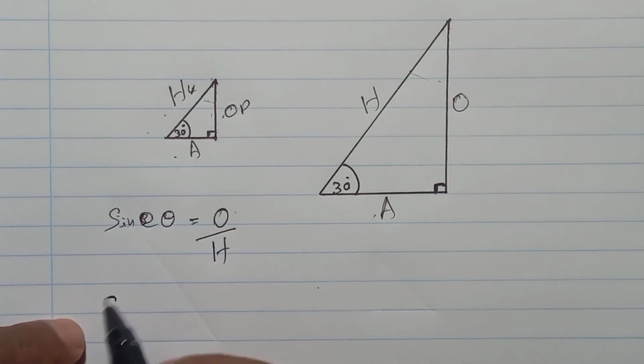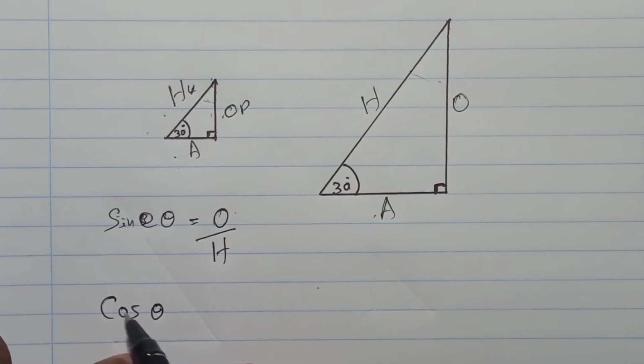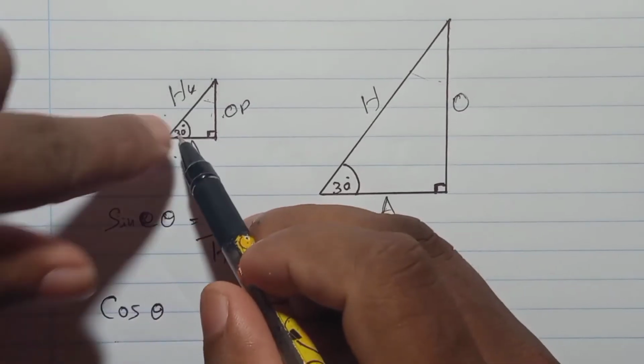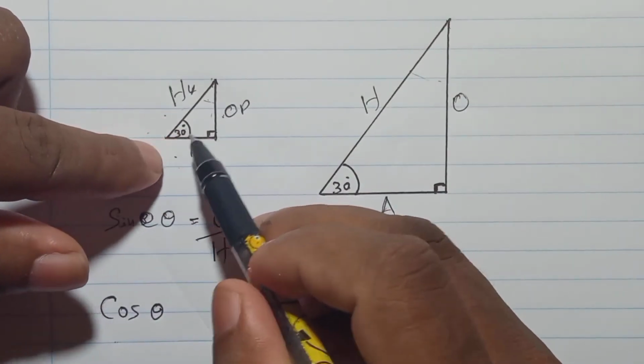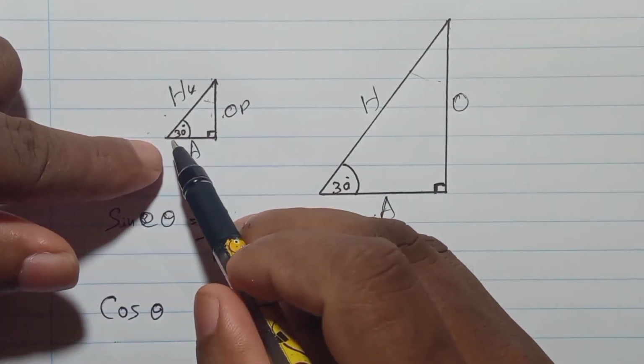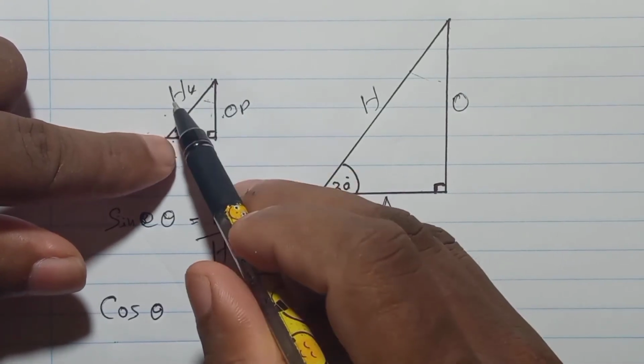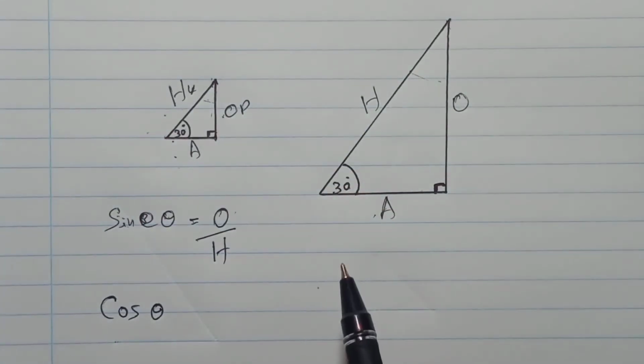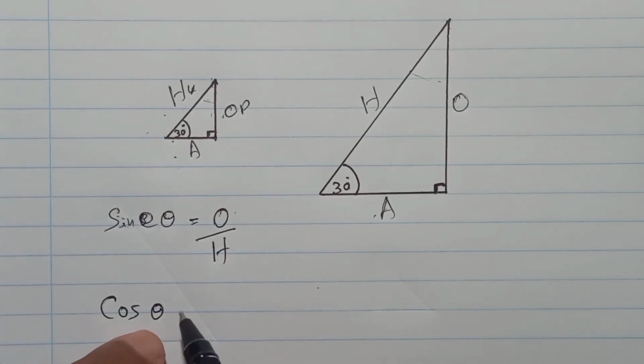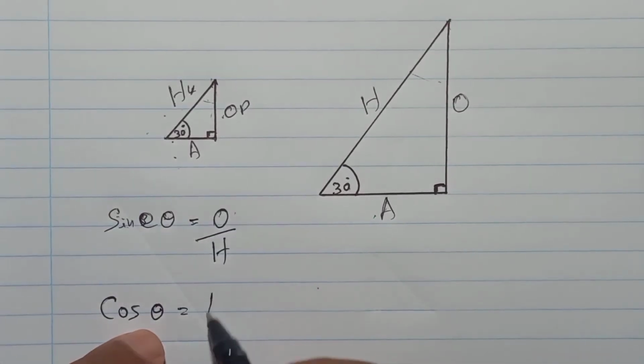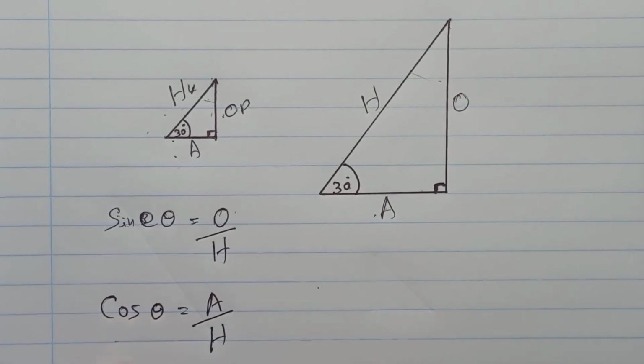And then the cos ratio, cos theta. Theta means you can put any angle size here. For example, if you write sine 30, opposite over hypotenuse, it will be 0.5, right? Like that. So here cos theta means adjacent over hypotenuse.